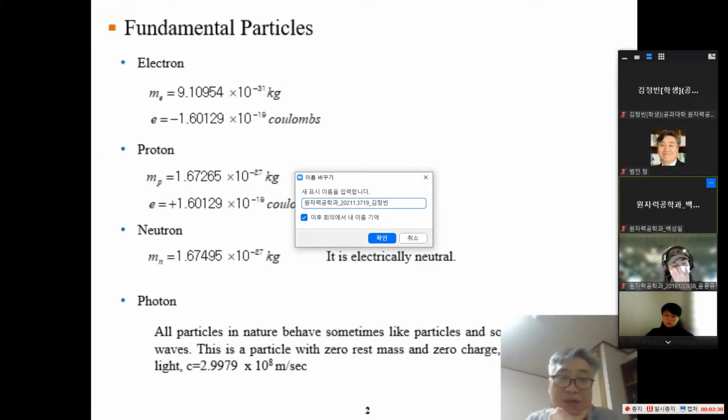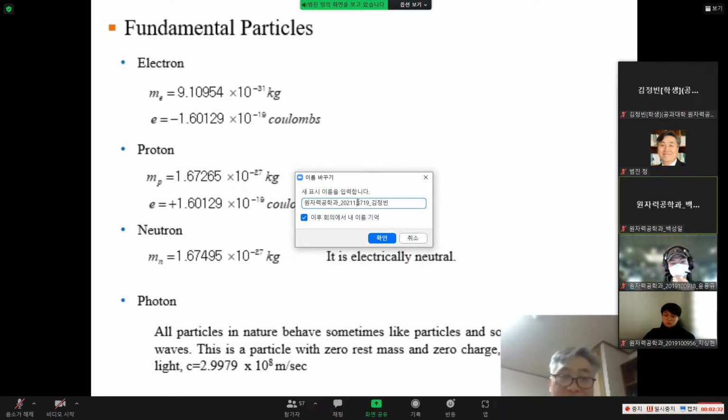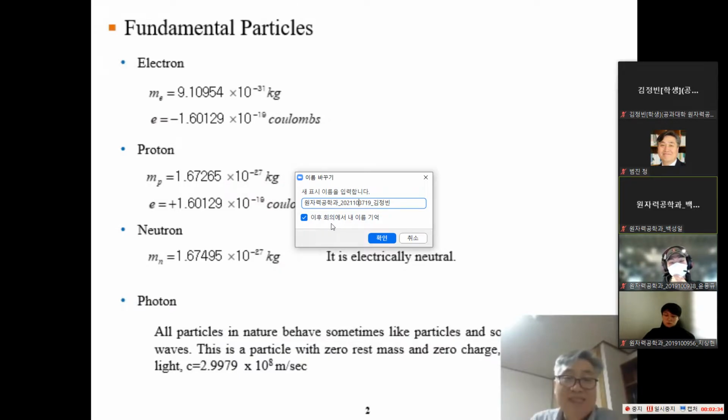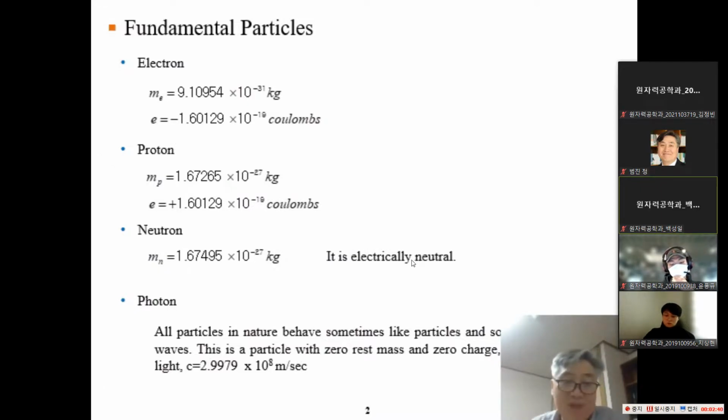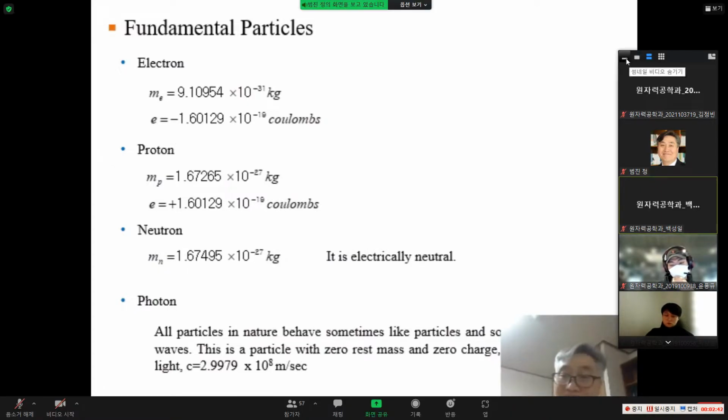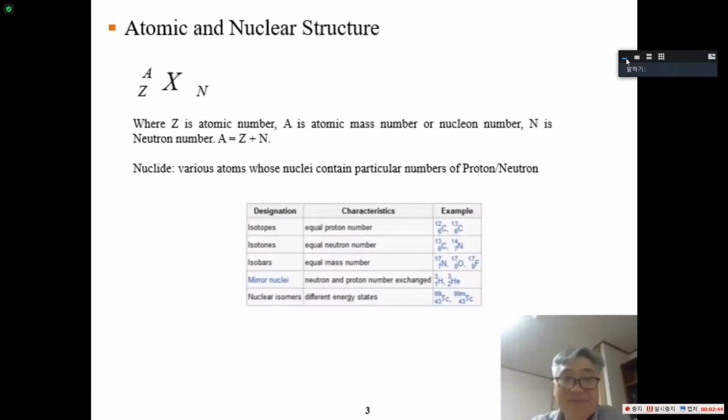Now, this is a notation for atom. So X is like copper, Cu. So this is notation for the atom. And Z means number of proton, and N means number of neutron, and A means mass.